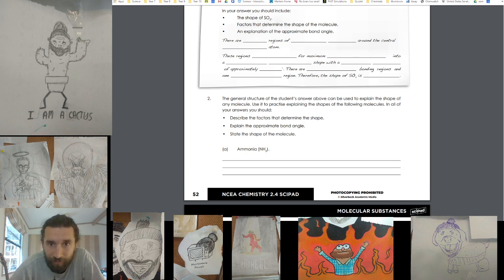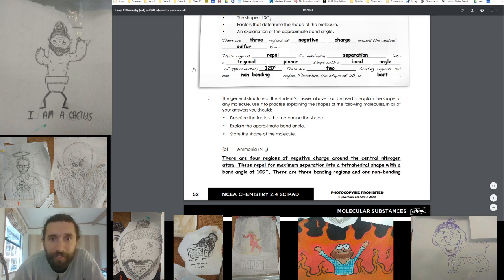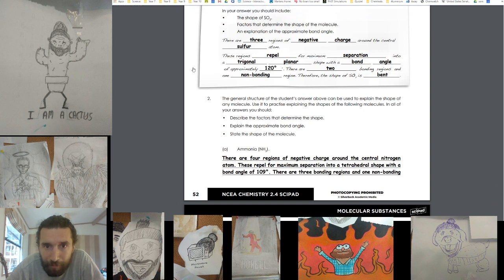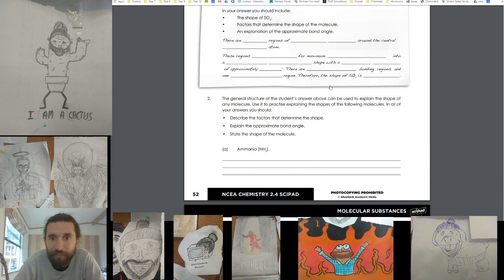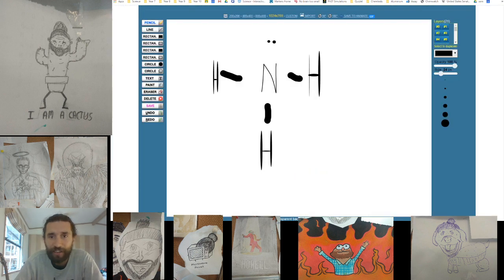These regions repel for maximum separation into a tetrahedral shape. Now there's four regions, let me use my 4 pens, which repel into a tetrahedral shape, okay?